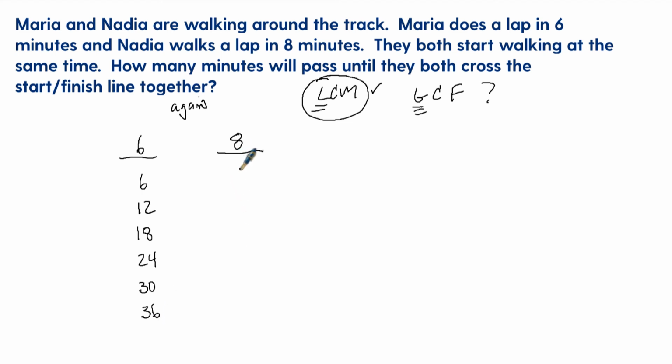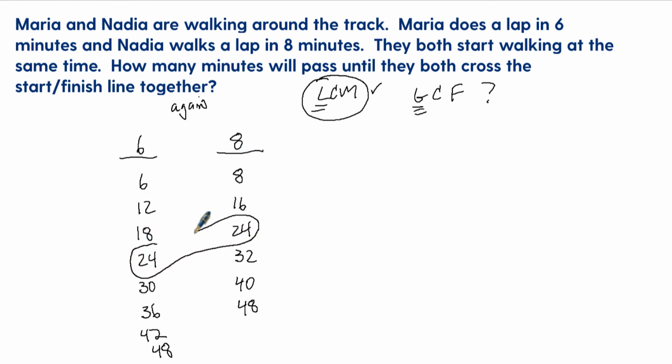If we start counting by 8s, we've got 8, 16, 24, 32, 40, 48. Okay, so if these two people, Maria and Nadia, start walking at the same time, they will cross the finish line again at the exact same time after 24 minutes. And then they will cross again after 48 minutes.